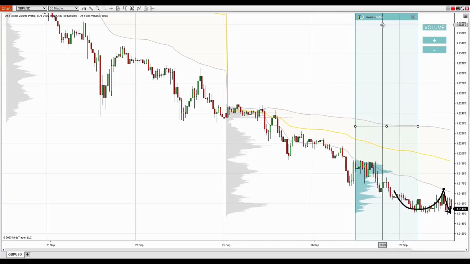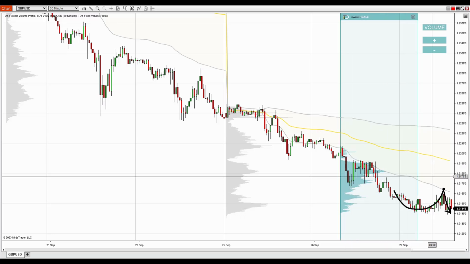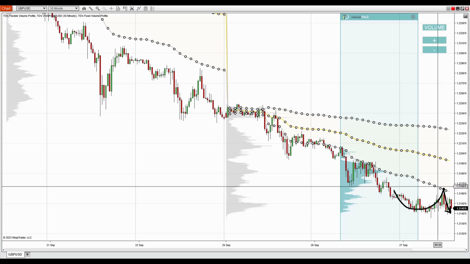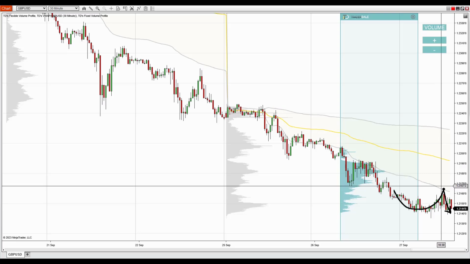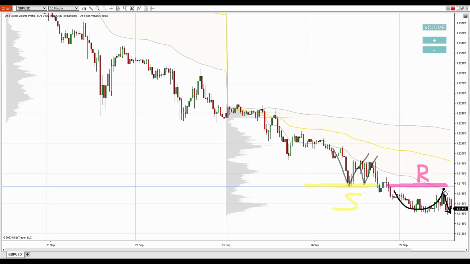There aren't any heavy volumes in this place, although we could consider this a valid price action confirmation because the price was reacting to this zone in here, also in here. So support turned into a resistance, and also we have the first deviation of VWAP here.